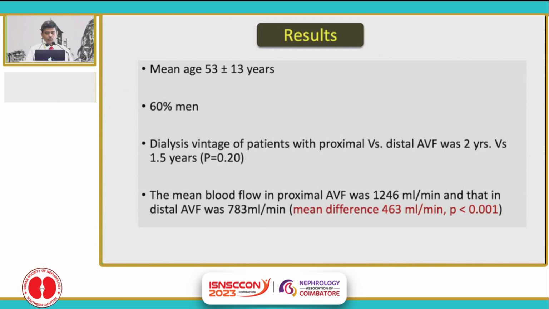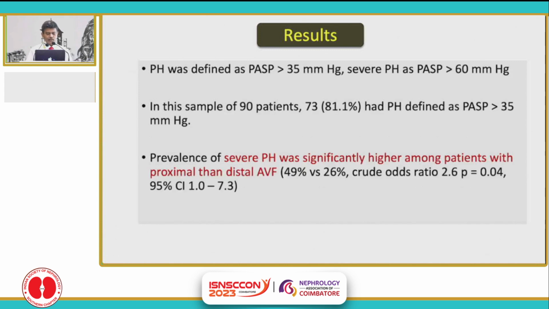What we observed was that proximal fistulas were associated with a higher blood flow. The blood flow in the proximal fistula was 1246 mL per minute, while that in the distal fistula was 783 mL per minute, with a mean difference of 463 mL per minute, which was statistically significant. In this study, pulmonary hypertension was defined as a PASP more than 35, and severe pulmonary hypertension was defined as a PASP more than 60 millimeters of mercury.